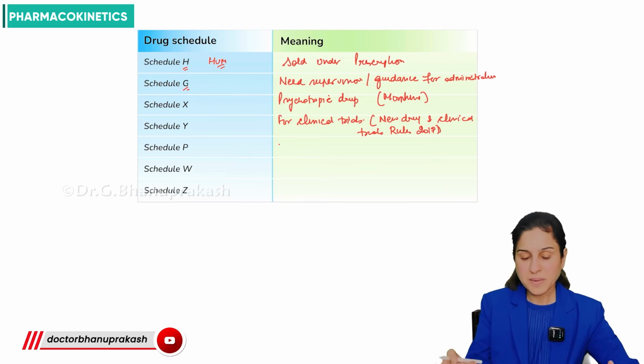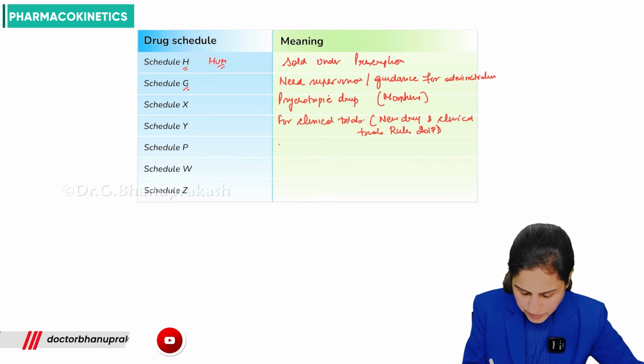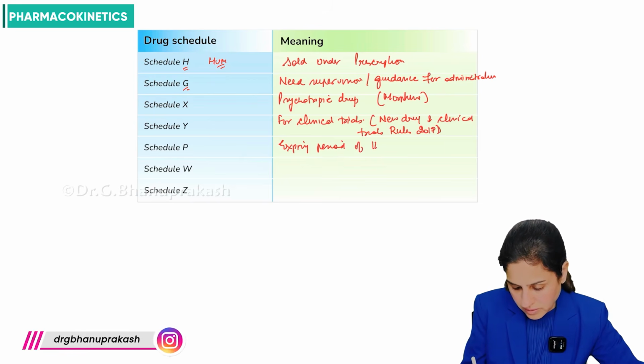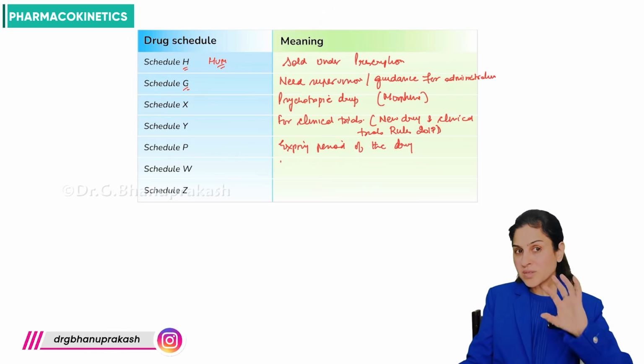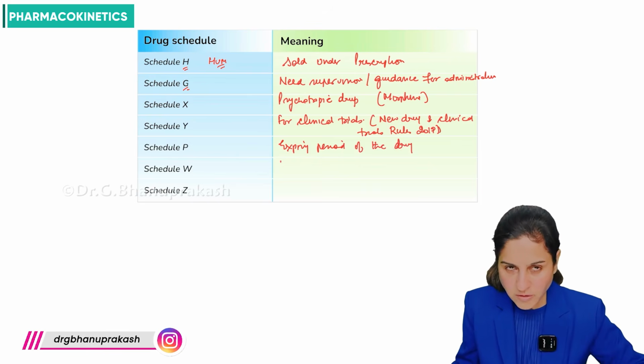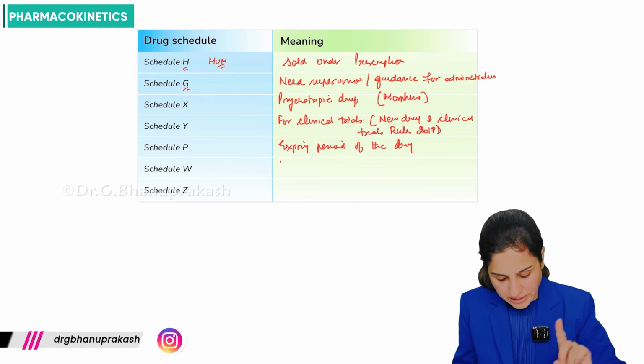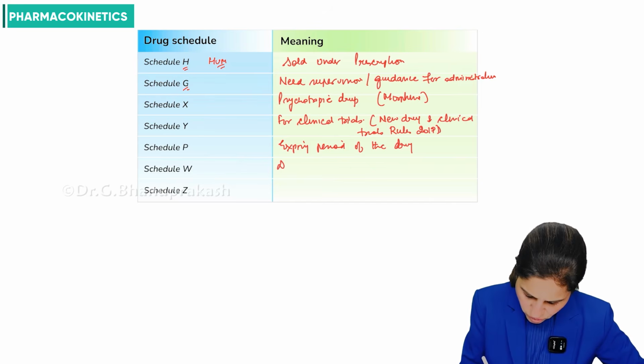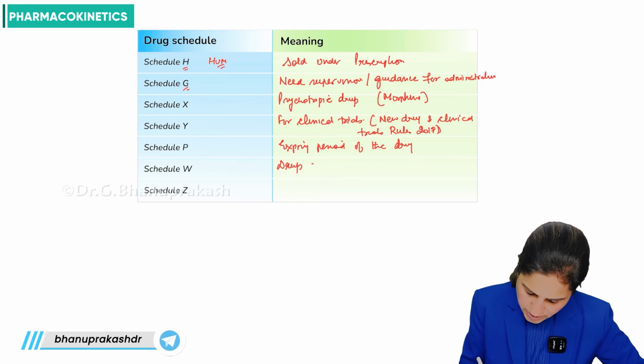Schedule P, P means period, so it tells about the expiry period of a drug, or the shelf life of the drug. W means worldwide. So these drugs can be marketed under the generic name only.